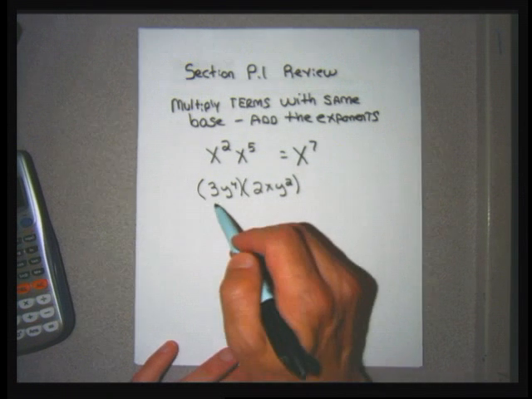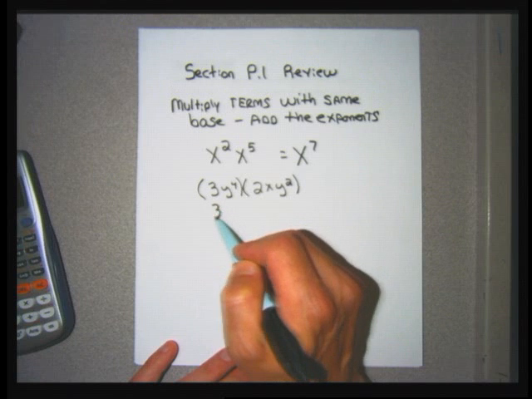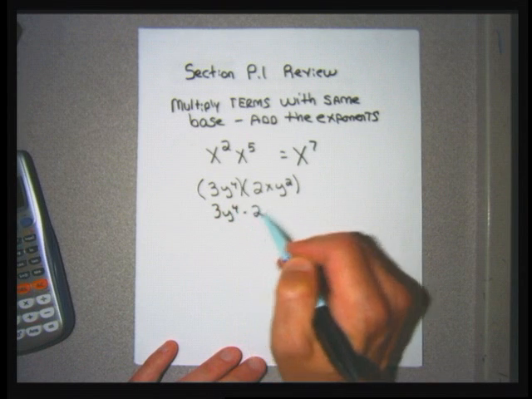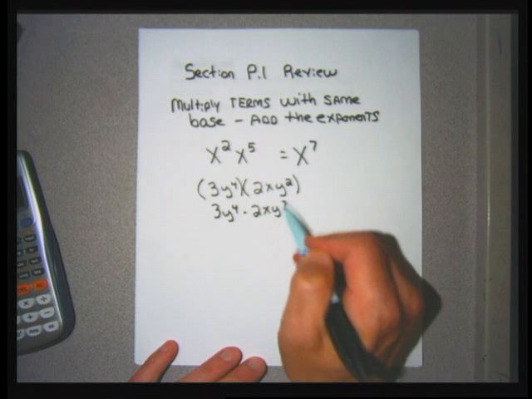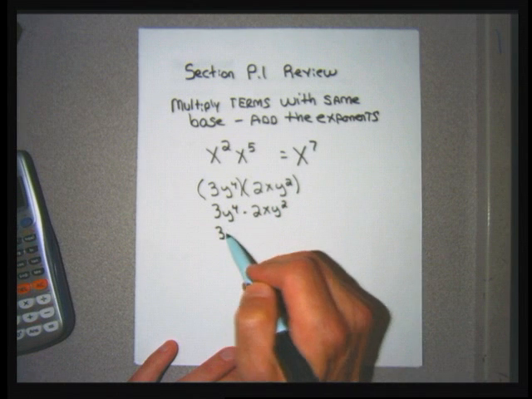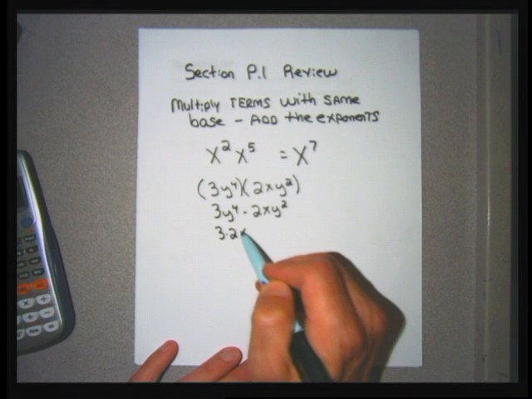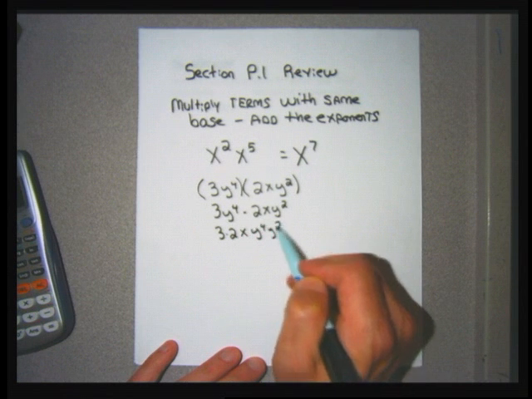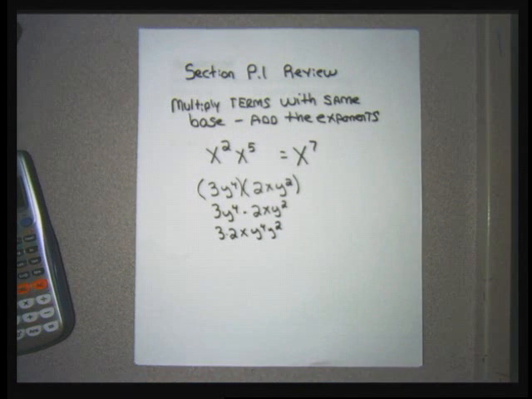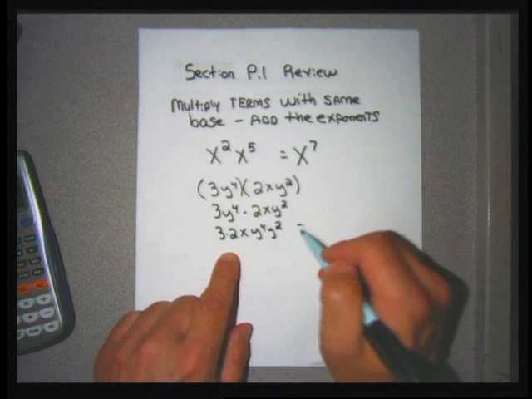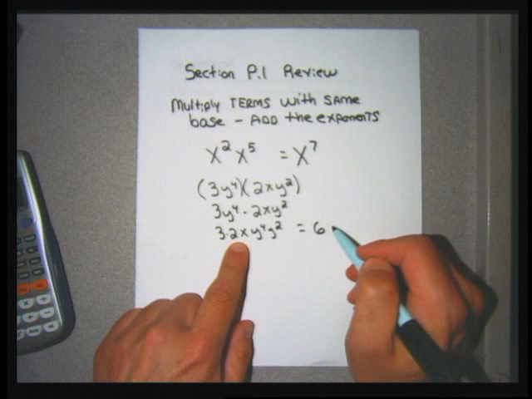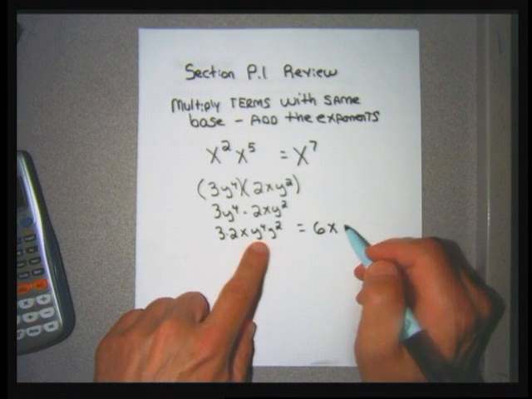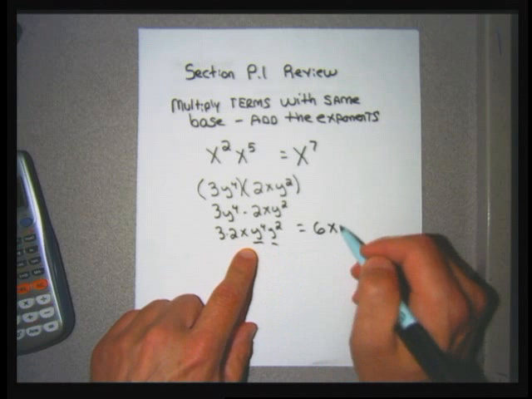We could have dropped the parentheses, maybe inserted a times sign, and then because it's multiplication, you can shuffle around the order. And then I'm going to multiply the like pieces together. I'd multiply the 3 and the 2 and get the 6. The x would stay alone. And for the y's, these have like bases, so I add their exponents.